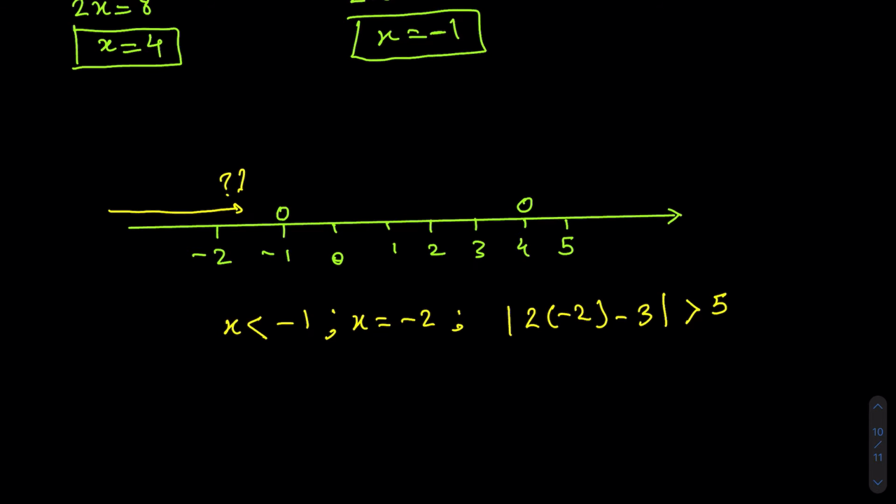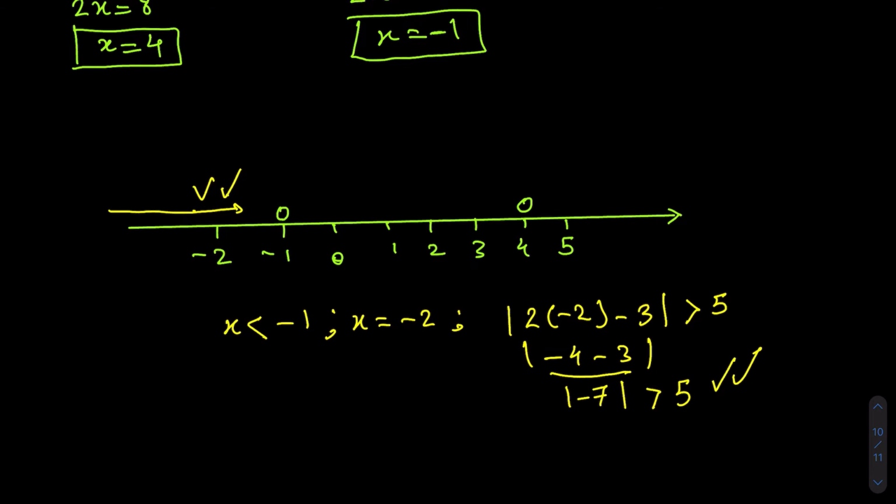Let's see if it works. 2 times -2 is -4, and -4 minus 3 is equal to -7. The absolute value of -7 is larger than 5, which is correct. So therefore this case works, and this part is the answer.